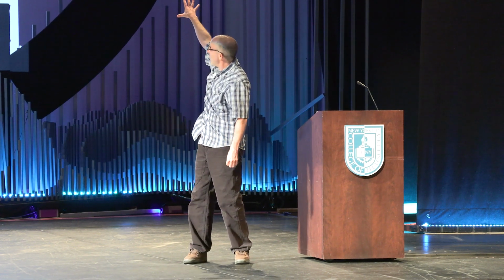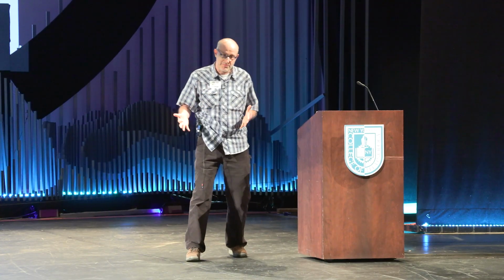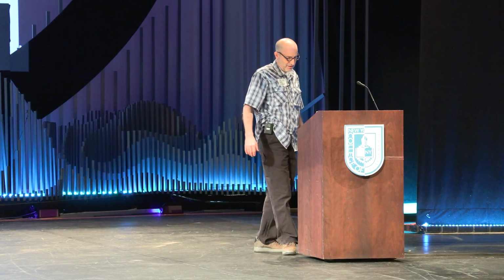It's somewhat ironic that you rarely see research looking at competition between traditional kinds of ecosystems. In this paper, they cited competition between heath and forest, right? It's the only paper that I could find that included the phrase competition between ecosystems. So it's a little bit ironic that you don't see so much of this in ecology, but we see it at every other level of the biological hierarchy.